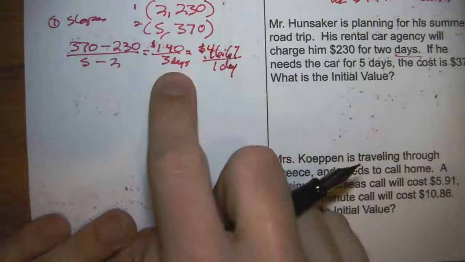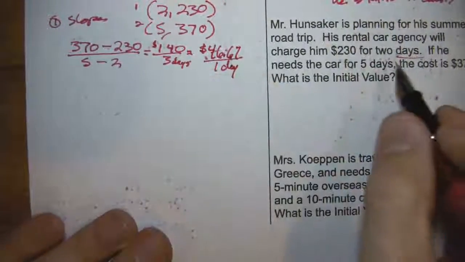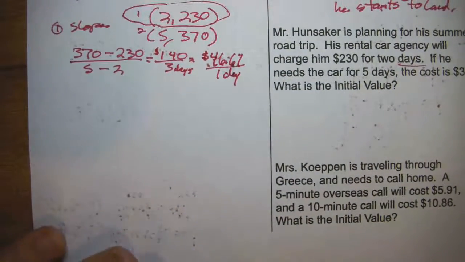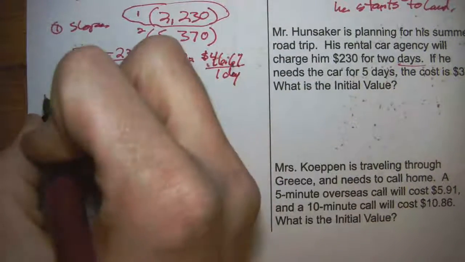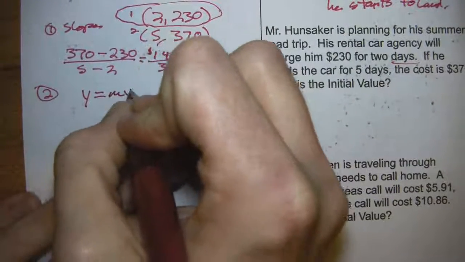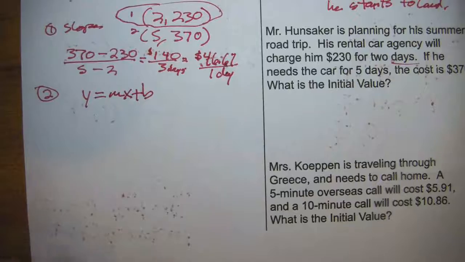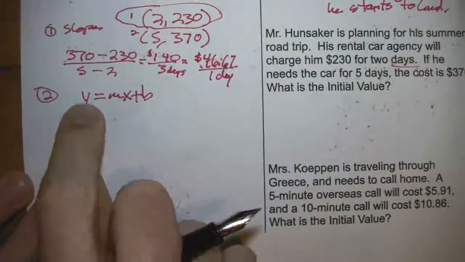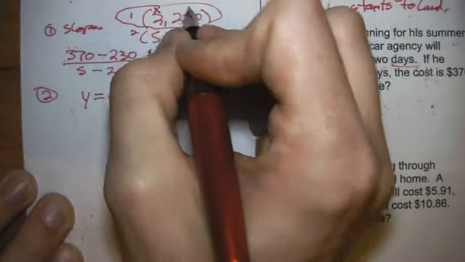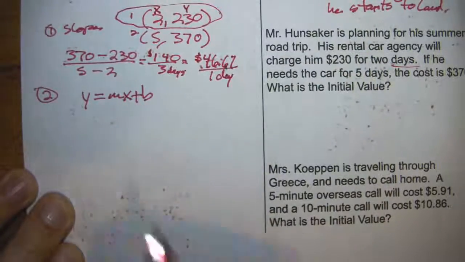So now that I've got that information, I need to pick one of these points. I'm going to pick this one right here just because the numbers are small. And we're going to plug it into our equation, y equals mx plus b. And remember, the x and the y represent the x and the y from the coordinate that we've selected. So remember, 2 is our x, 230 is our y. So let's plug that in.